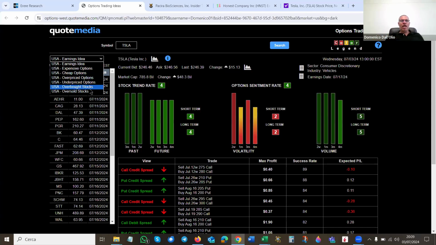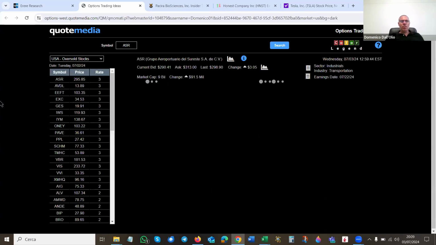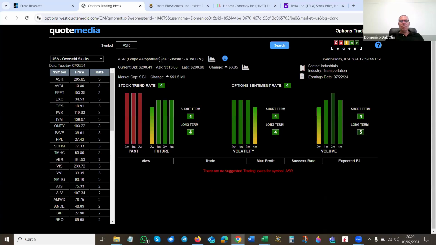Then we have overbought and oversold stocks. Oversold stocks, let's pick the first one, which I don't even know what it is, but just to make an example, are stocks or ETFs which have been trending significantly down over the last 2 weeks, 1 month, and 3 months, and which are expected to trend up or at least sideways in the next 2 weeks, 1 month, 3 months, and 4 months.